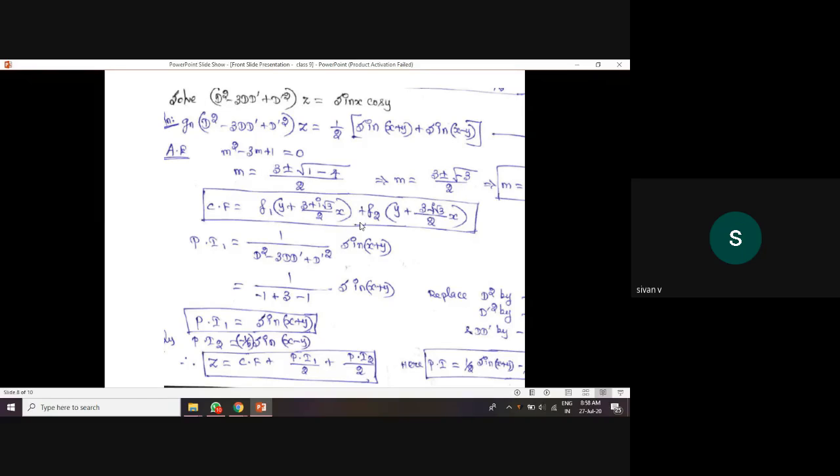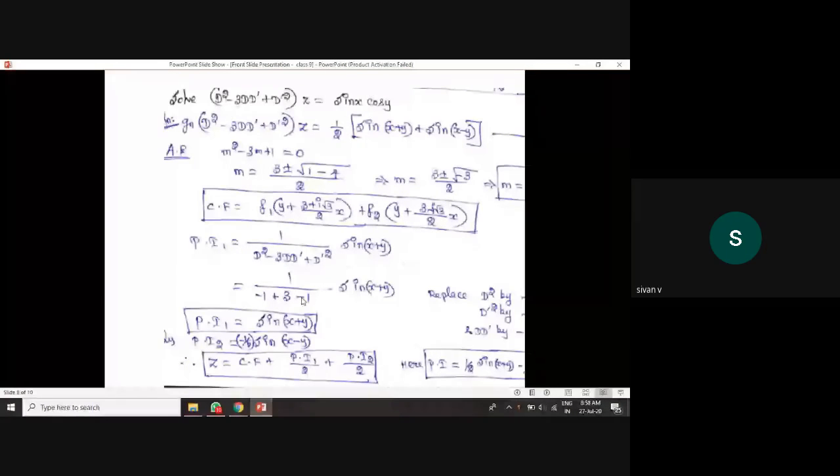Now we are going to find the particular integral. PI1: 1 by (D square minus 3 D D dash plus D dash square) of sine of (x plus y). We know the formula: D square is replaced by minus a square, D D dash by minus ab, and D dash square by minus b square, where a is the coefficient of x and b the coefficient of y. Coefficient of x is 1 and coefficient of y is also 1.